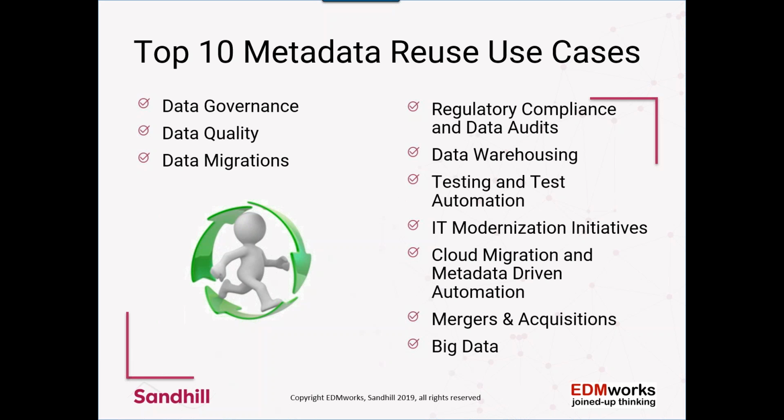And some of those are quite obvious for data governance itself, for data quality, but also quite a lot of them do get used for data migrations, where people are replatforming and/or upgrading their systems, and so the data needs to be migrated. And there are obviously very topical ones at the moment in terms of regulatory needs for regulatory compliance.